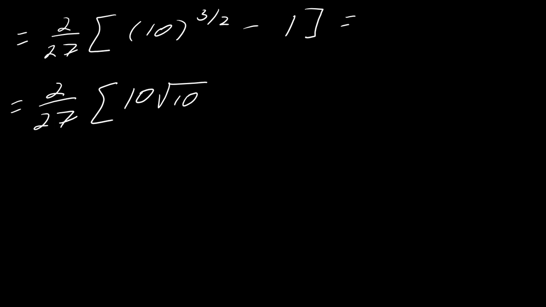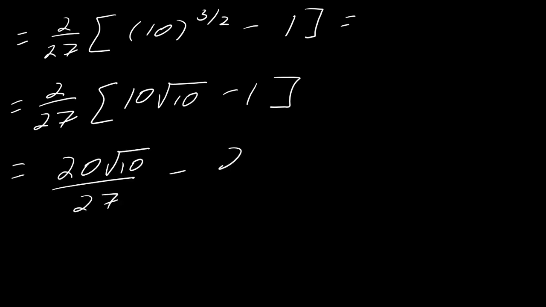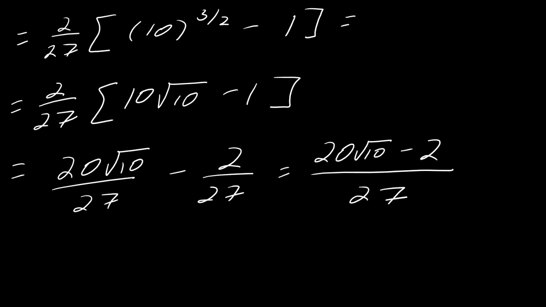Then if I wanted to, I could call this 20 times the square root of 10 over 27 minus 2 over 27, or give them a common denominator. So that'll be (20 square root of 10 minus 2) over 27, and my calculation is this comes out to about 2.27.